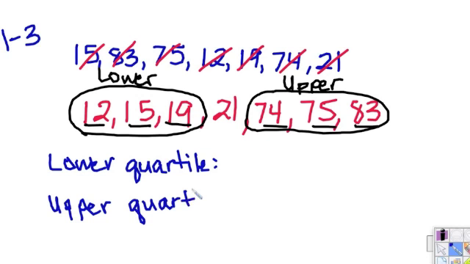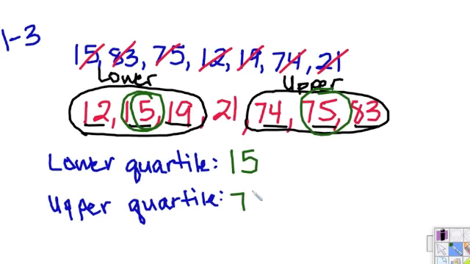So what's the median of these two? Well, 15, 19, or 12, which one's in the middle? It's the 15. My circle didn't go big enough. So in the lower, the answer is going to be 15. In the upper, my answer is going to be 75. And that's it. That's your answer.